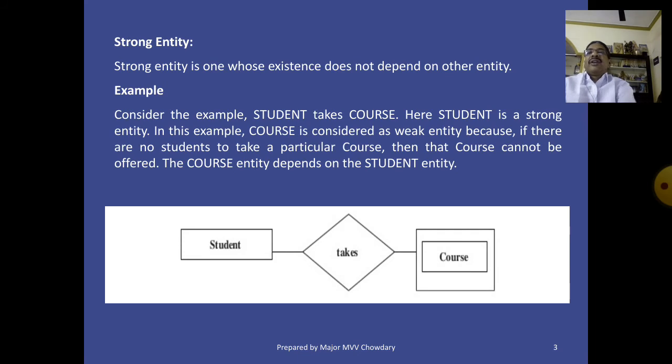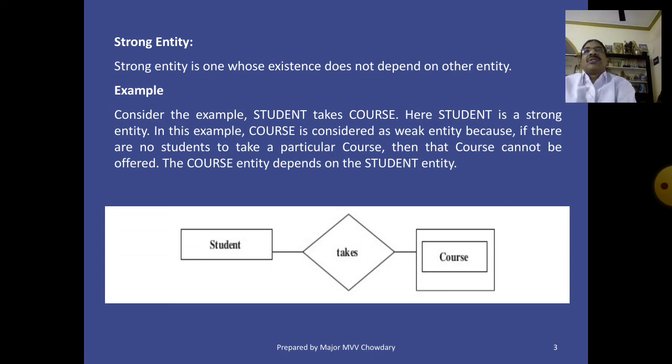Now, strong entity. A strong entity is one whose existence does not depend on another entity.